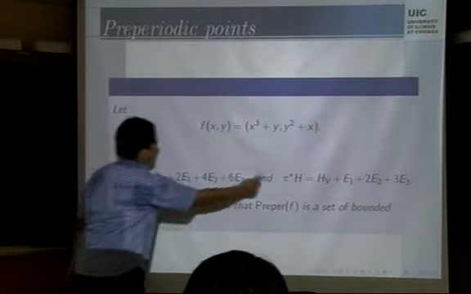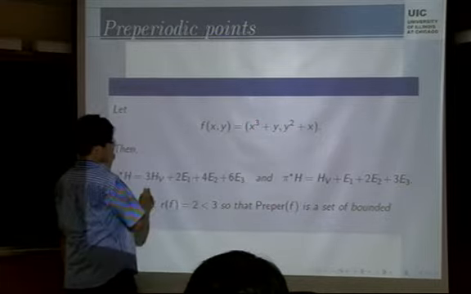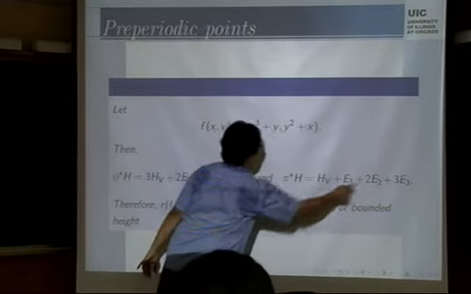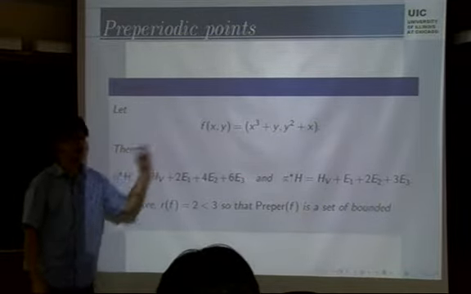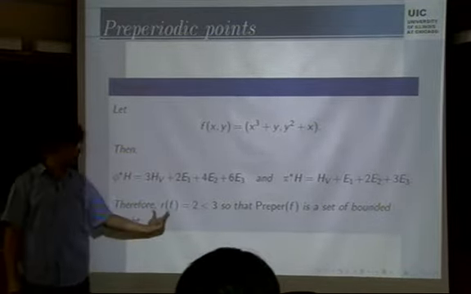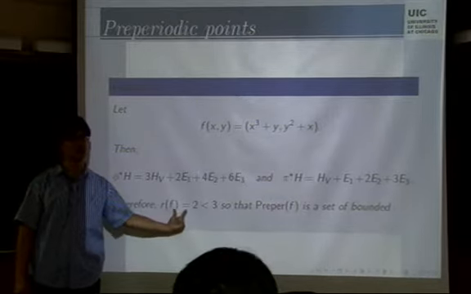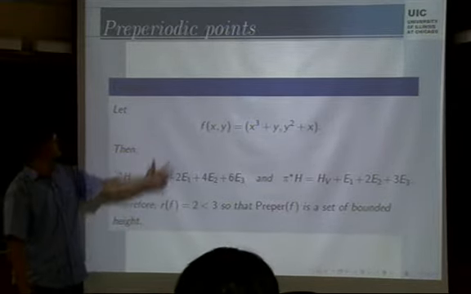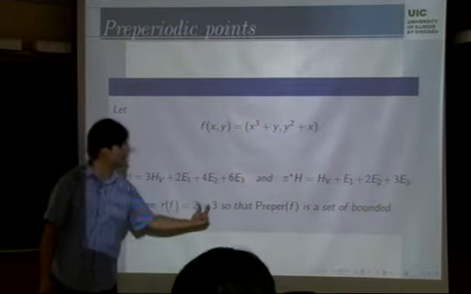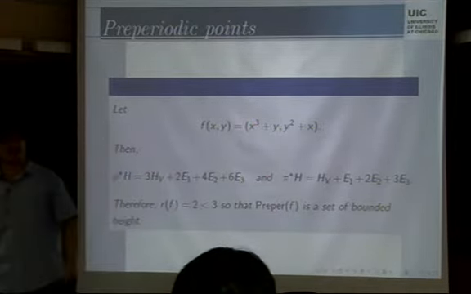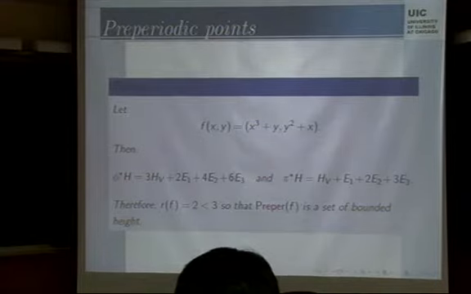You have two proof-x, which is represented by a basis of your Picard group. Then comparing your coefficients and multiplying your degree, you can calculate your d ratio is 2. Then in this case, we have degree 3 maps. So you have d ratio smaller than the degree of your map. So its prepared points are of bounded height.